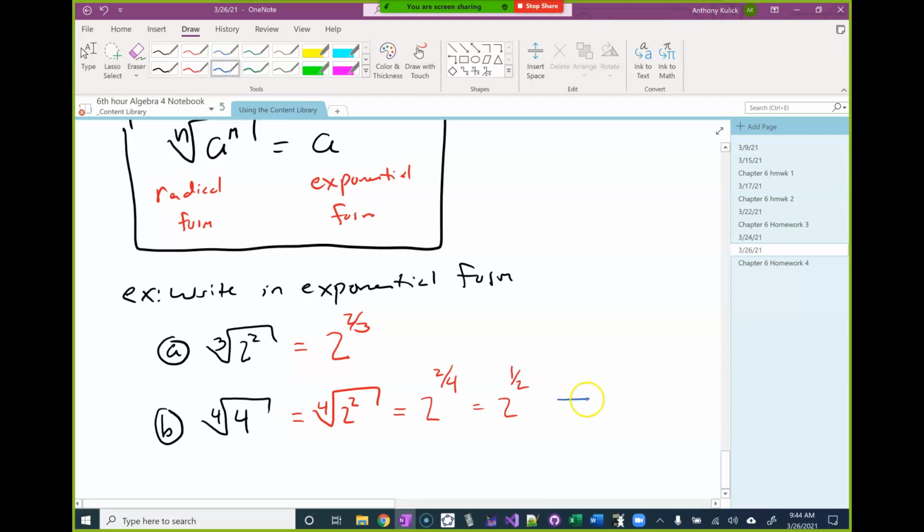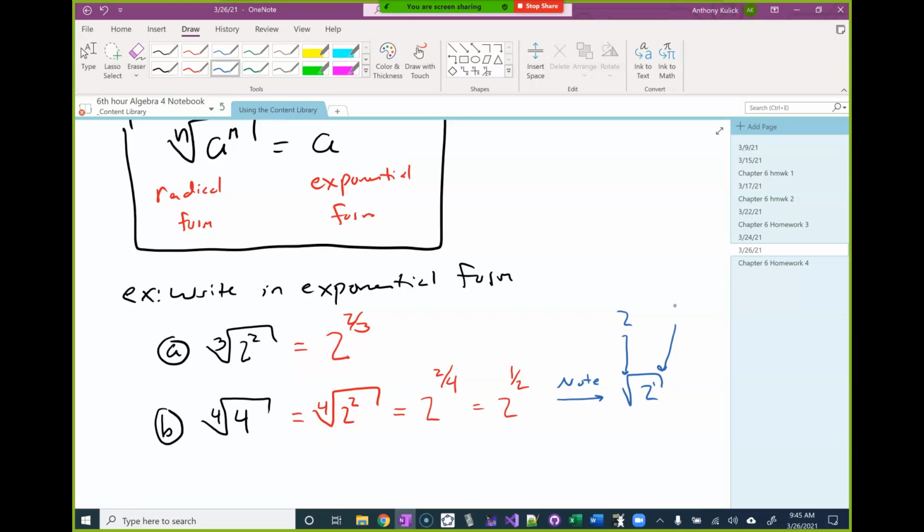It's worth noting that 2 to the 1/2 is the same as the square root of 2. I'm just pointing out to you that the index on a square root is 2, even though we don't write the 2 there.